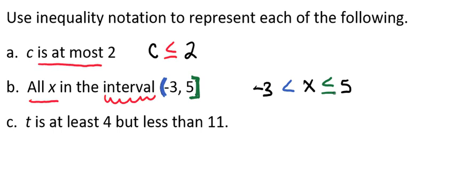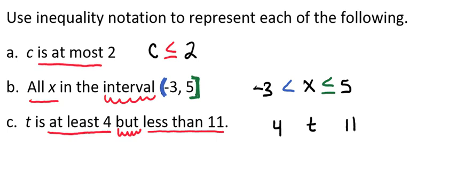If we look at our final example, it says t is at least 4, but less than 11. So if we look at the words here, we have "at least 4, but less than 11." That tells us that t is going to sit between the numbers 4 and 11.